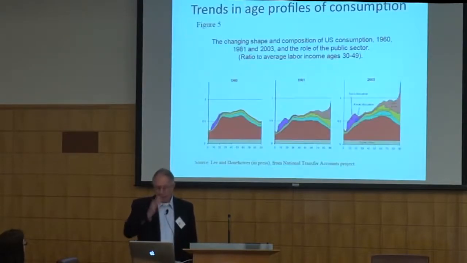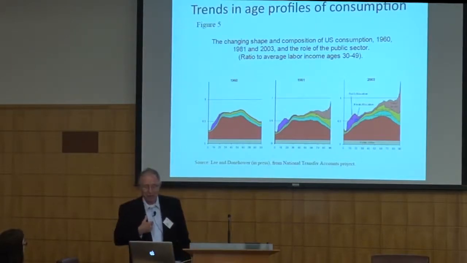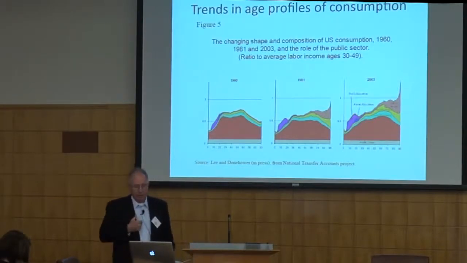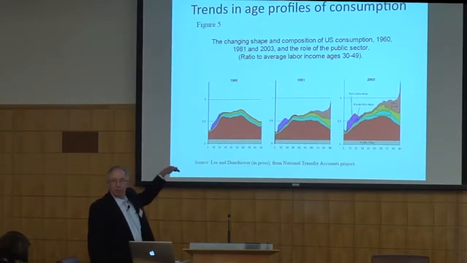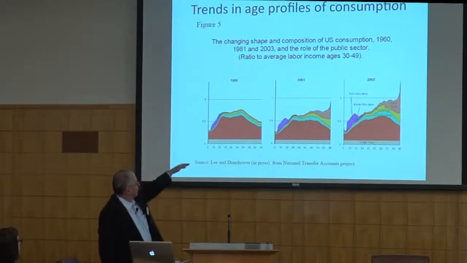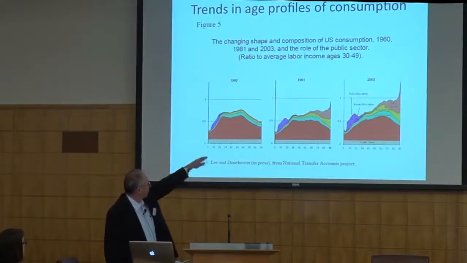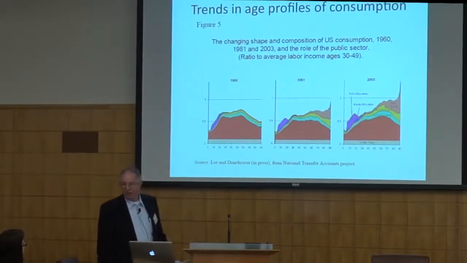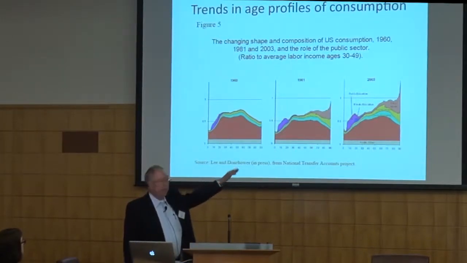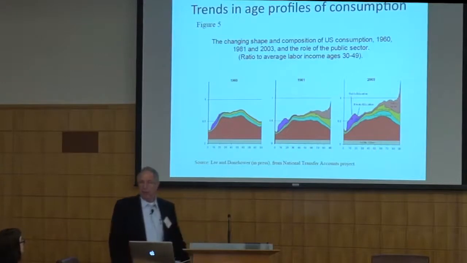Just as an example, many of you have seen this striking graph from Ron Lee about the trends in age profiles of consumption. From 1960, you can see basically a hump-shaped profile where people's consumption was maximized in their 60s. In 1981, you started seeing this growth of a top layer, which is really healthcare expenditures, and it grows very rapidly by 2003.